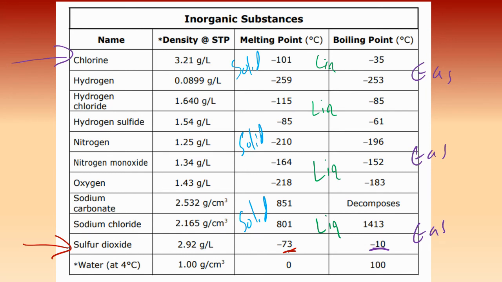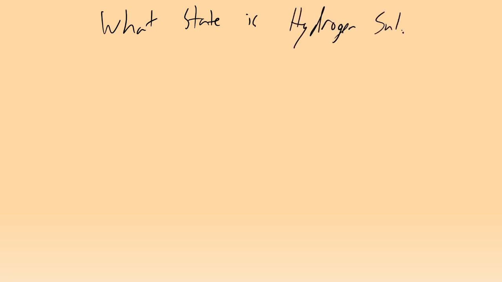So if we were looking at hydrogen sulfide, so if the question was what state is hydrogen sulfide at, let's say negative 50 degrees Celsius.